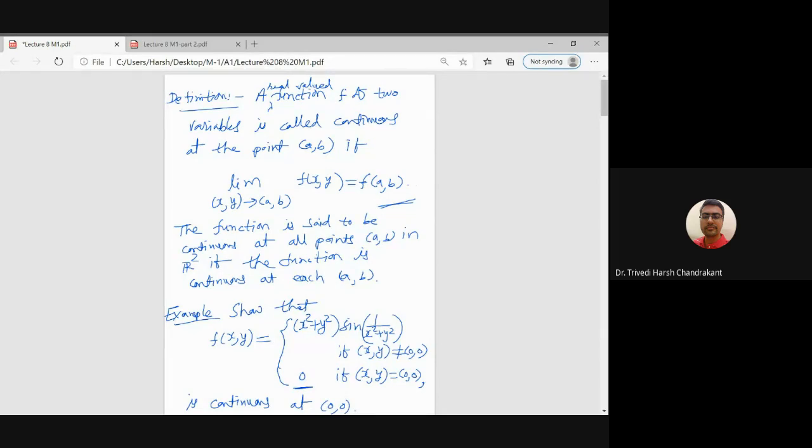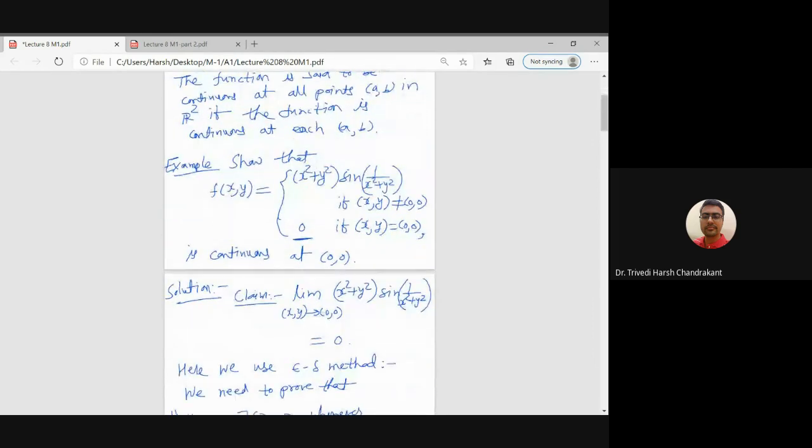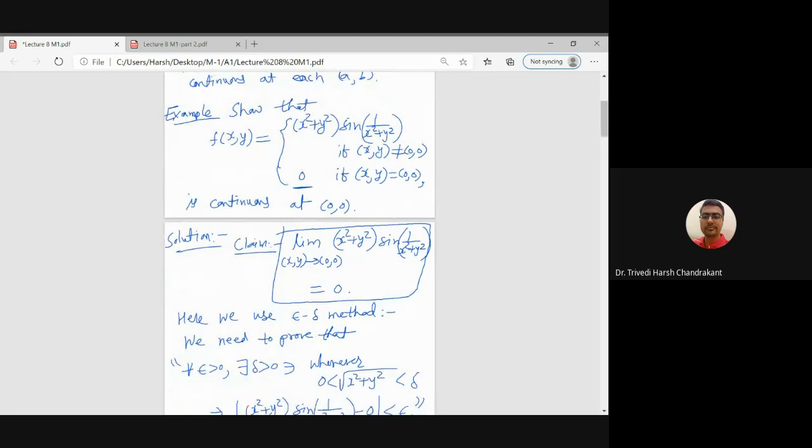To check whether the function is continuous at (a, b), we need to check this particular limit, as in the one variable case. So at the origin for this particular function, to check continuity we need to check this condition: the limit exists and it equals 0.